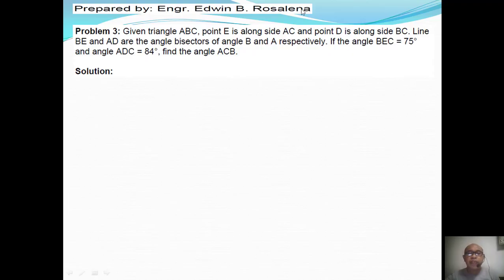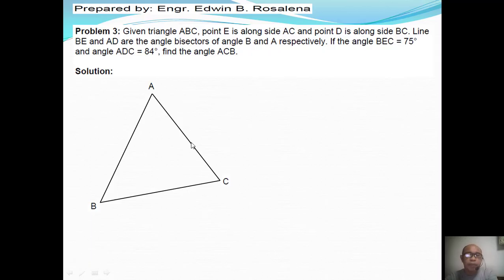Okay. So triangle ABC with point E alongside AC. So alongside AC there is a point E somewhere here. And then alongside BC, there is a point D. I'll place it somewhere here.